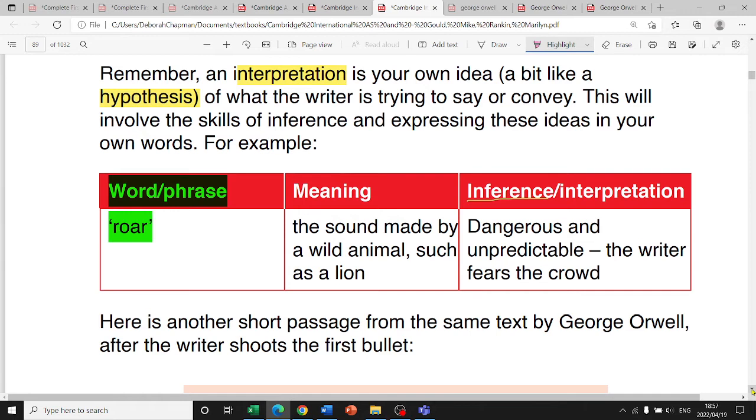That's what I think might happen. This is the same thing. You're taking the information from the text, and you're giving your hypothesis or your interpretation of what the writer is trying to say or to convey to the reader. This will involve your skills of inference.